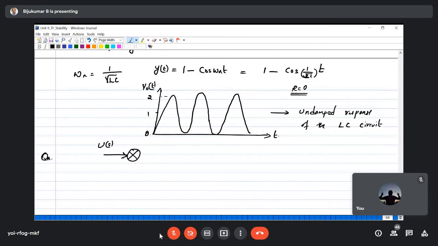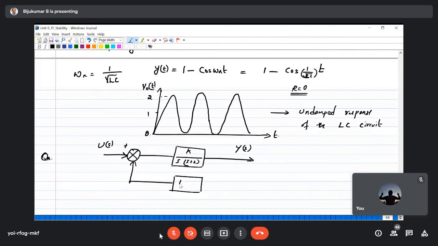This is E of S, plus, forward path going K divided by S multiplied by S plus 2. This is the output. It is not a unity feedback system. There is a mapping between the output and the feedback signal, and that mapping is 1 plus AS. This is minus. We are feeding this back.